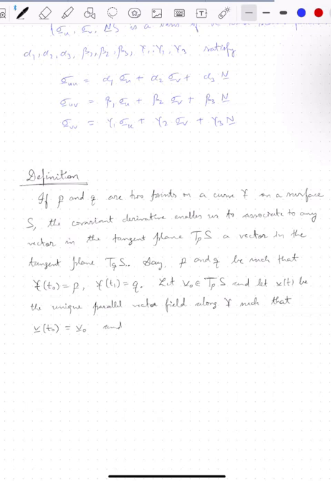And let V vector at T1 be equal to V1, right? And both of them be contained in TQS, right?